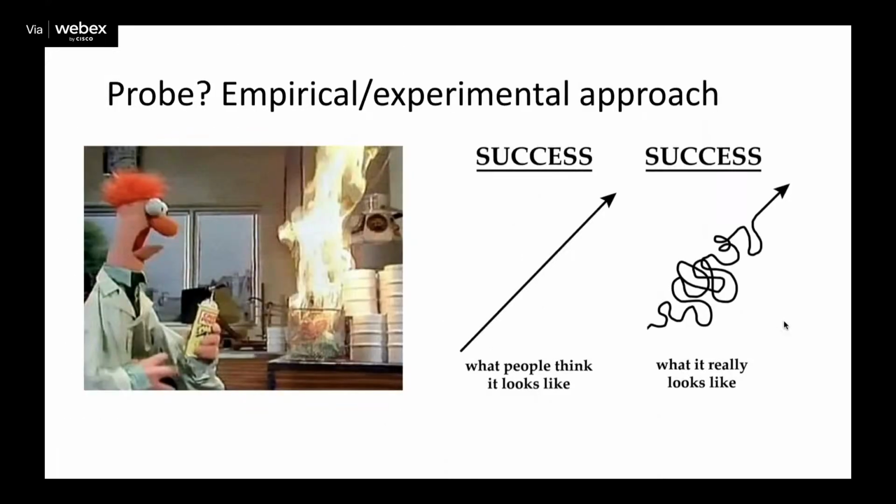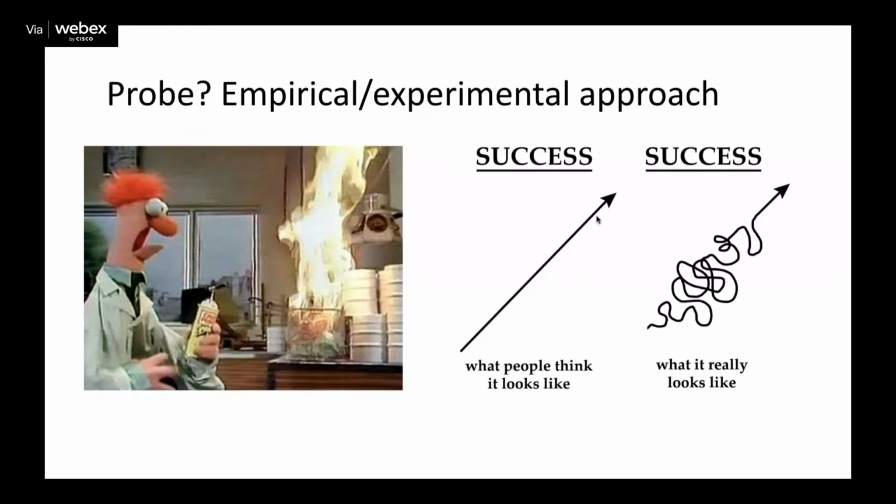So what is probing? The easiest way to explain probing in this context is using an empirical or experimental approach. I don't know if anybody is a fan of the Muppets, but poor Beaker was trying to test paper that was supposedly inflammable, and it didn't work. But it was a nice experiment, and it reflects what we see on the right there, right?